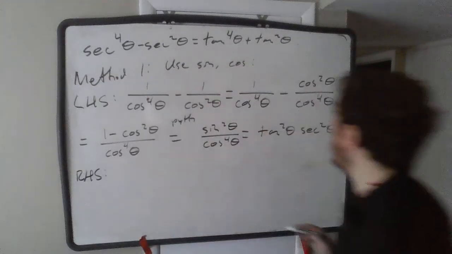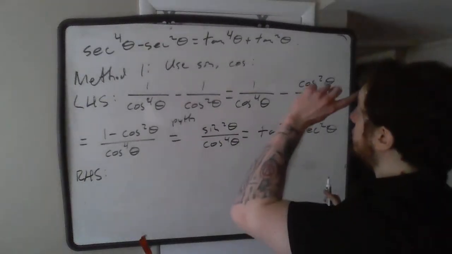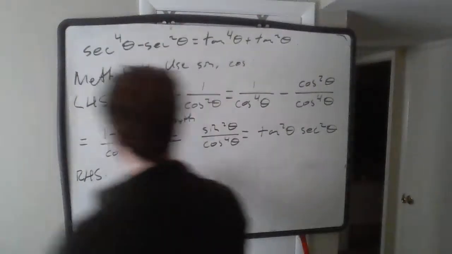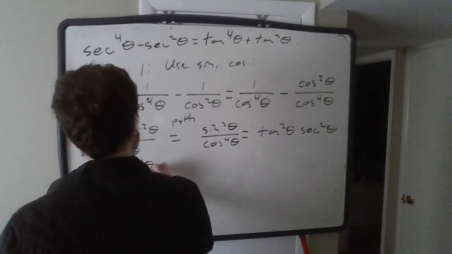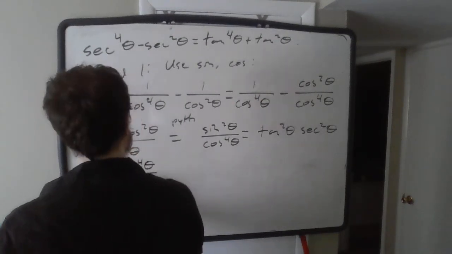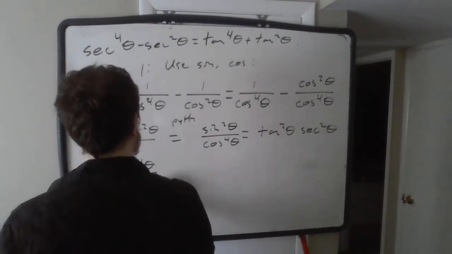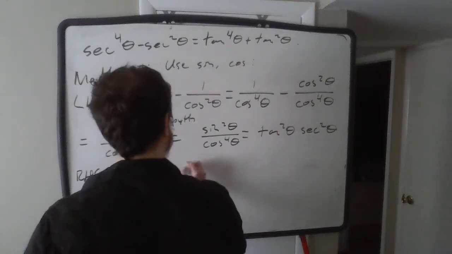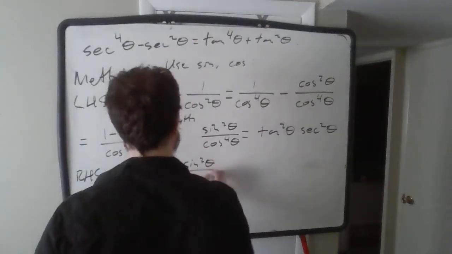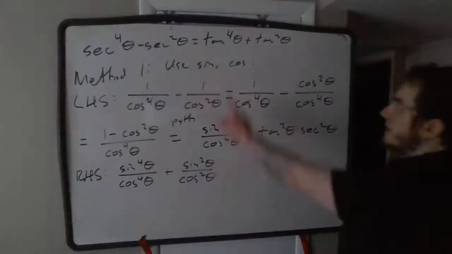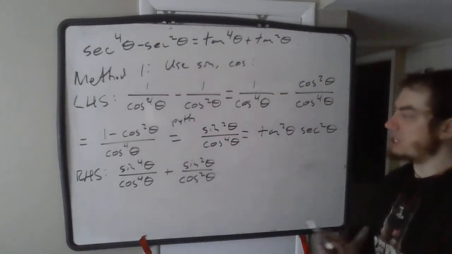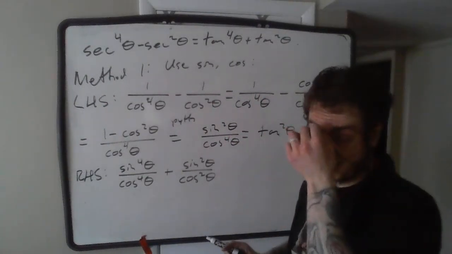If I start with the right-hand side here, tangent to the fourth theta plus tangent squared theta, this is going to become sine to the fourth theta divided by cosine to the fourth theta plus sine squared theta over cosine squared theta. Again, I've just rewritten tangent in terms of sines and cosines.